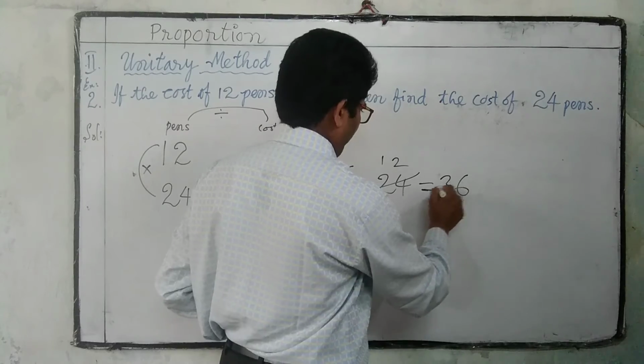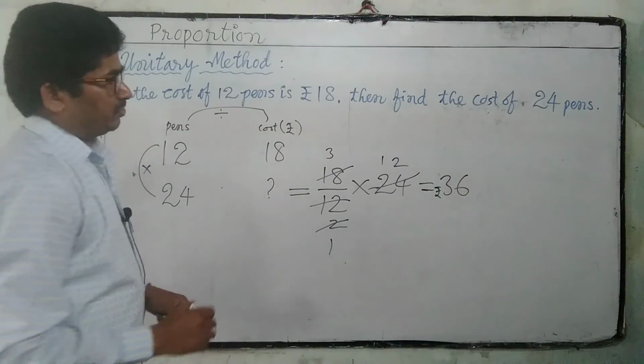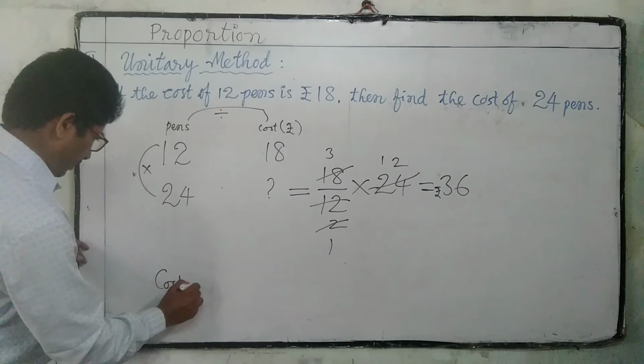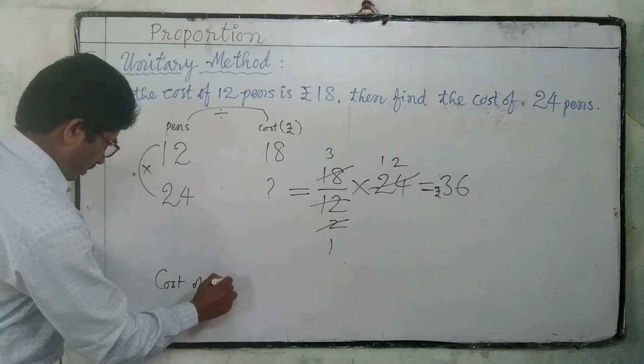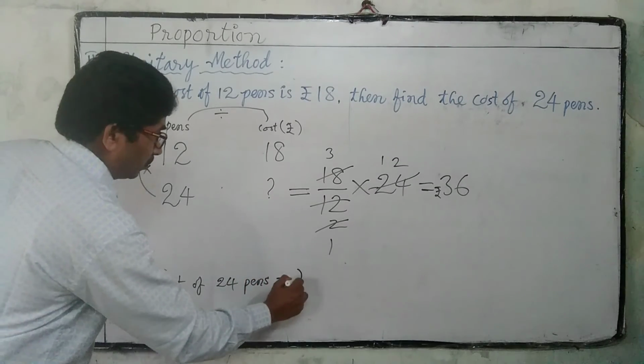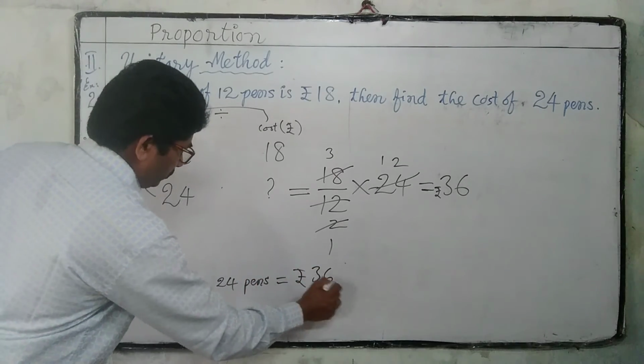So 36 rupees is the cost of 24 pens. So cost of 24 pens is equal to 36 rupees.